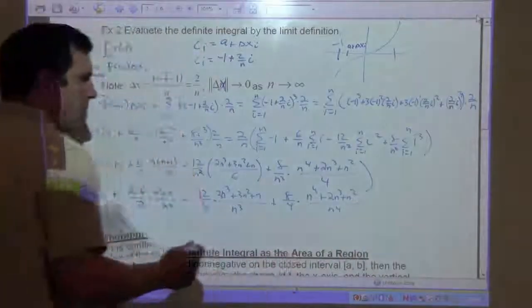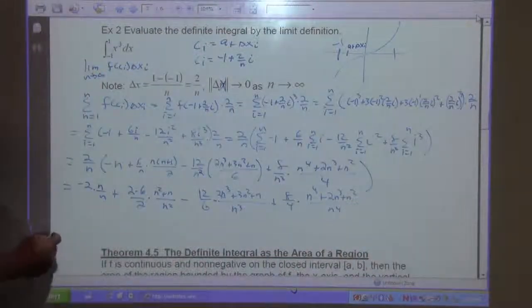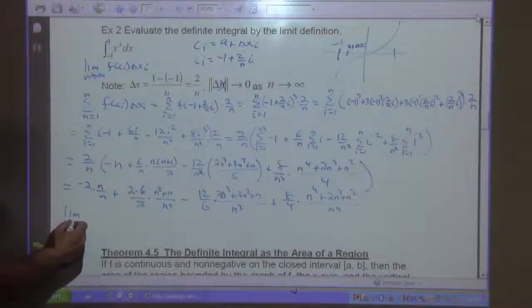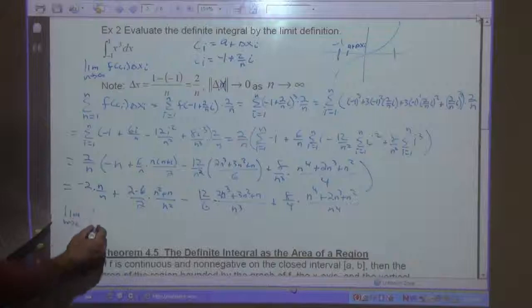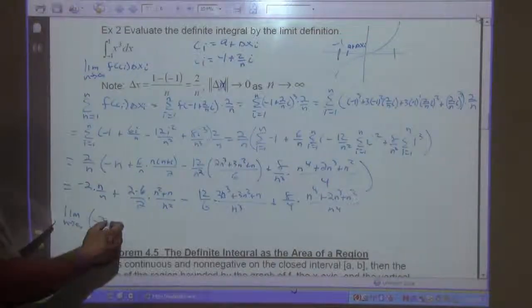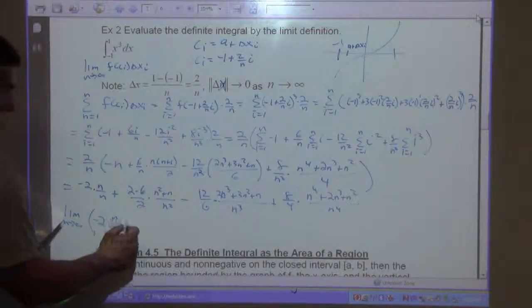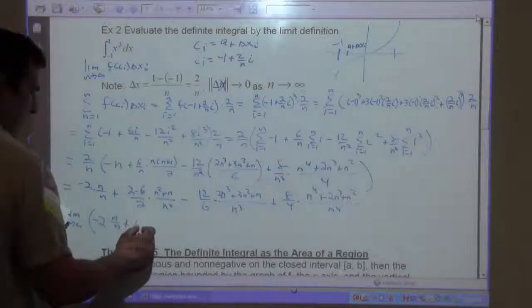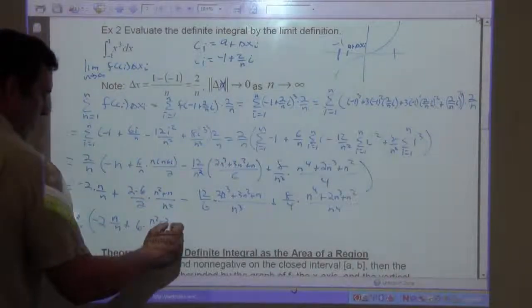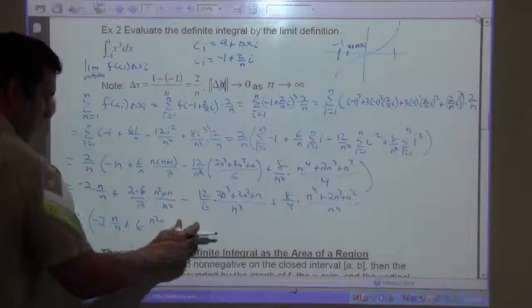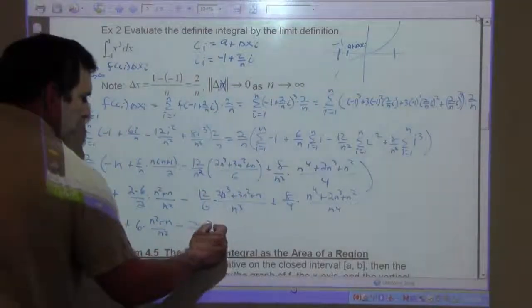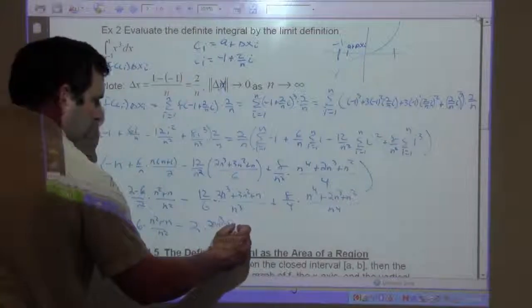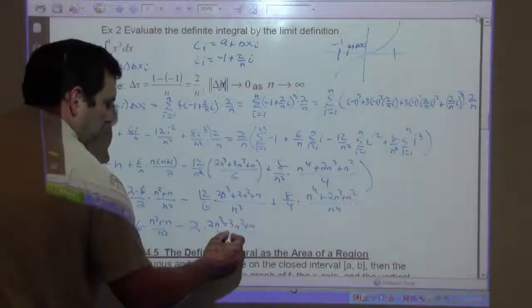So in every case, if I take this limit as n goes to infinity of each case, negative 2 times n over n, plus 6 times n squared plus n over n squared, minus 2 times 2n cubed plus 3n squared plus n over n cubed.